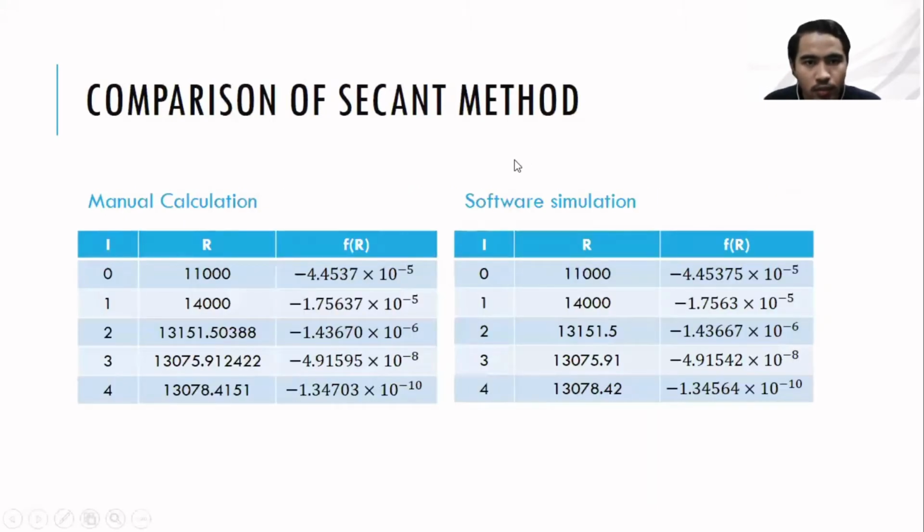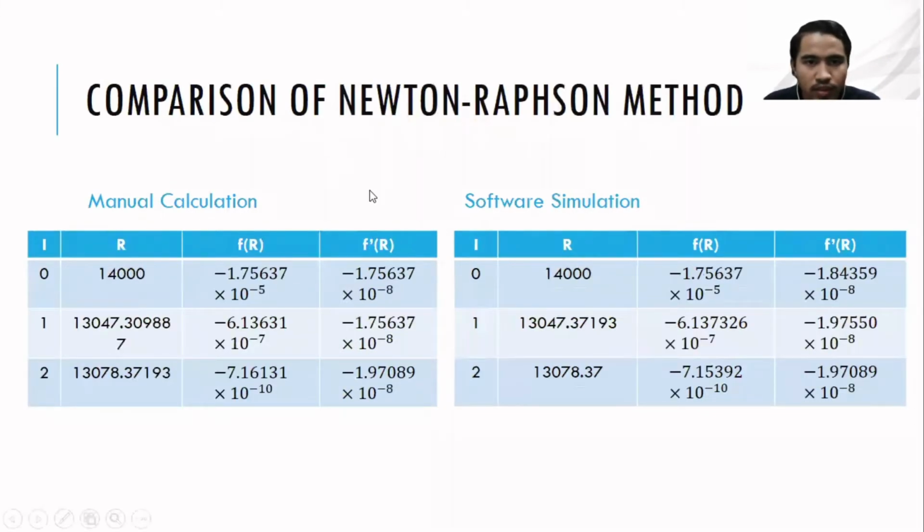So here is the comparison of the secant method for manual calculation and software simulation. For both calculation and simulation, we get 4 iterations, and the value for R is quite the same. Next is the comparison of the Newton-Raphson method for manual calculation and software simulation.